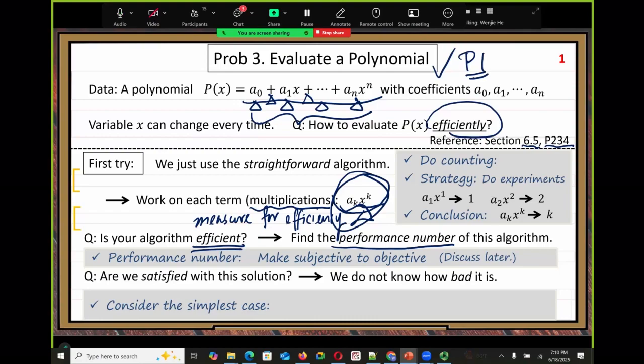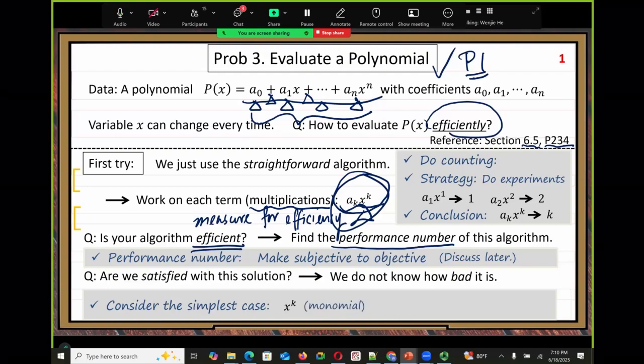Consider the simplest case, x to the k. Here, let's ignore that coefficient a_k, because that's one multiplication. So let's simplify the general term and only consider this monomial, x to the kth.